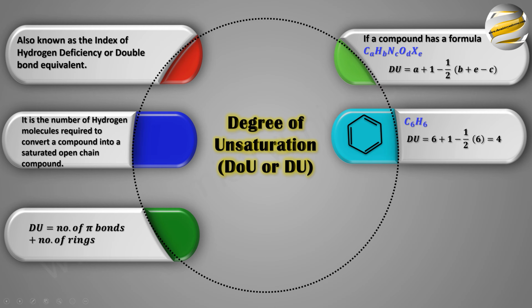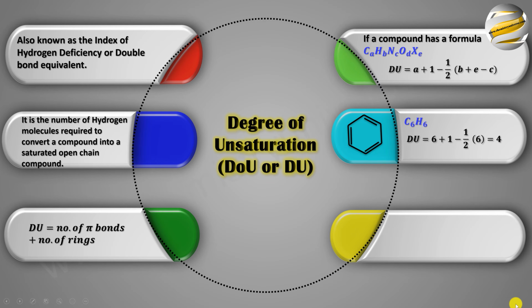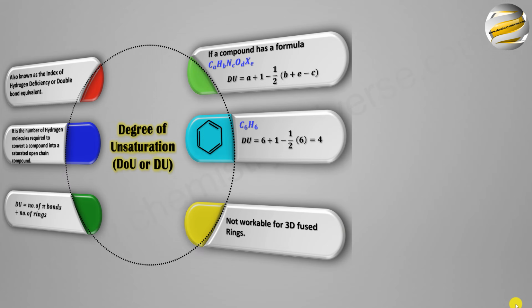Since it is a 2D ring, this definition will work. It has 1 ring and 3 pi bonds, so 4. DU is 4. And remember, as I said, it's not workable for 3D fused rings.